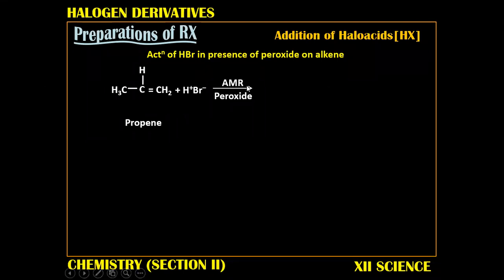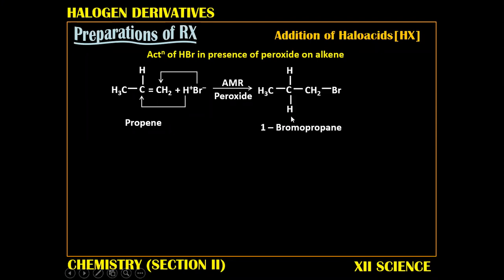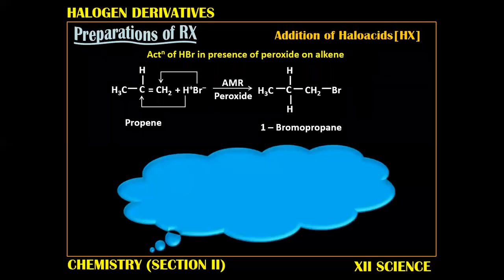AMR means anti-Markovnikov rule. Now your bromine will go to the first carbon and hydrogen will go to the second carbon. We'll get 1-bromopropane or n-propyl bromide as the major product, right? Write the major product below this.